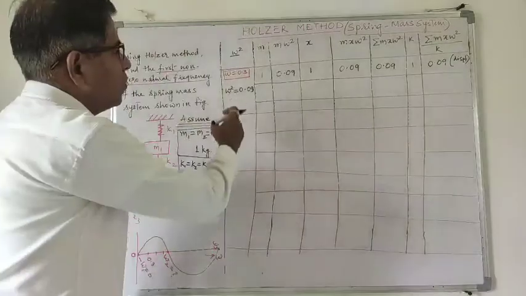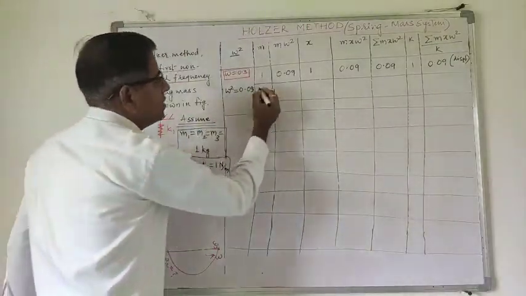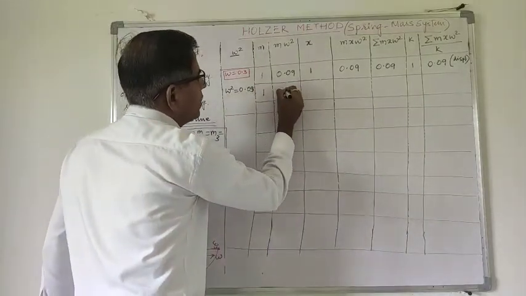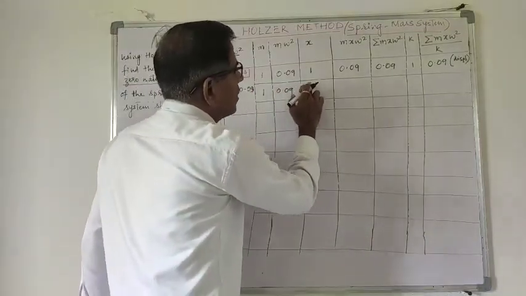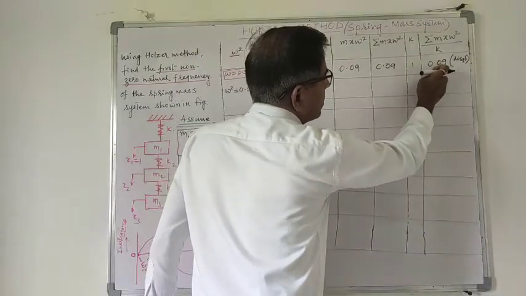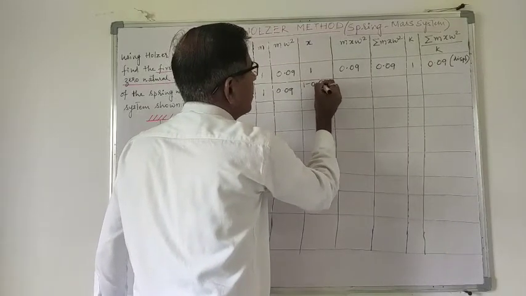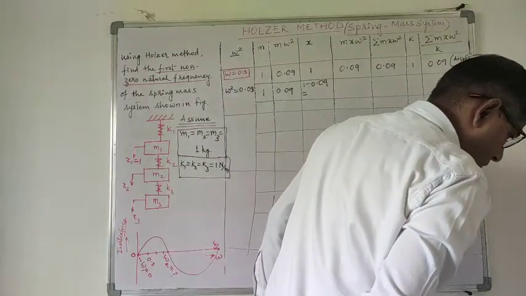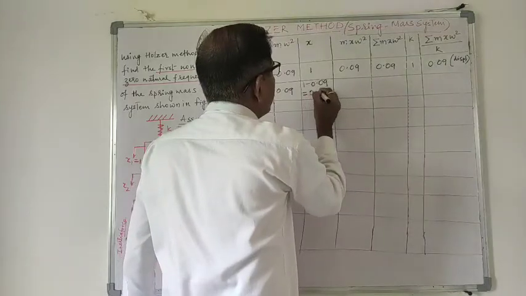Okay. Now second row, the second mass is also 1 kg, so 0.09 into 1 is 0.09. Now here this x will be previous x minus this, so 1 minus 0.09, so the answer is 0.91.